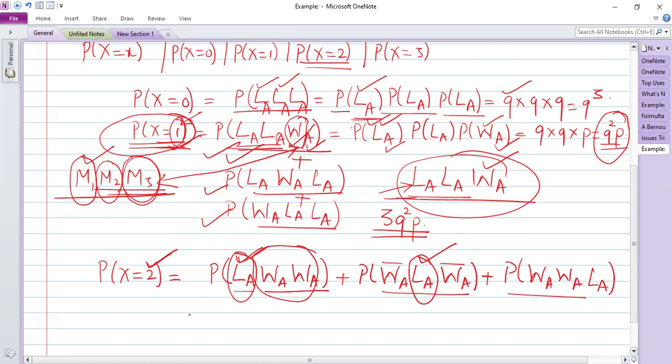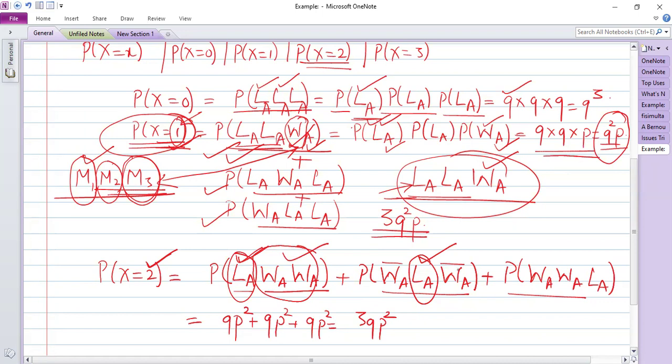I think this is clear. Now all these will have the same probability, that will be QP square. So QP square, QP square and QP square, that will be 3QP square. Just apply the same logic that we have applied here.